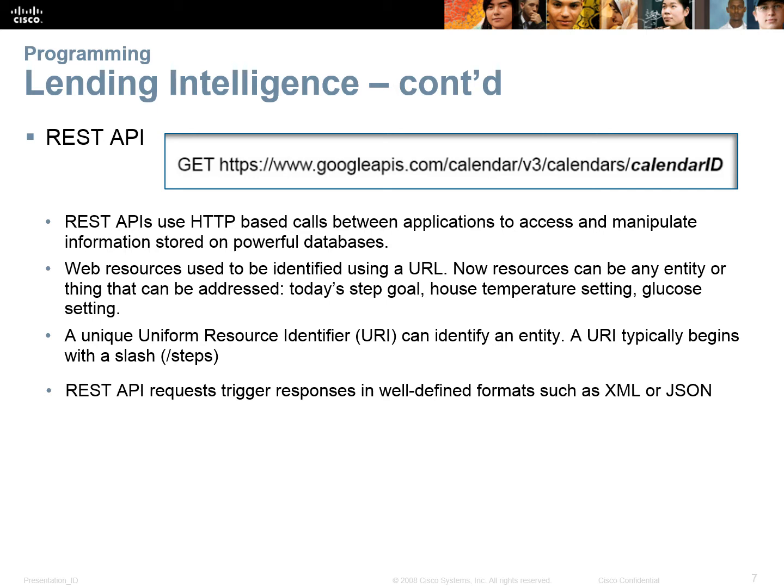Each resource now has a unique URL, typically beginning with a slash, such as slash heart rate. And REST APIs use the HTTP protocol and URLs to create web services. Such REST web-based requests trigger responses in well-defined web formats such as XML or JSON.